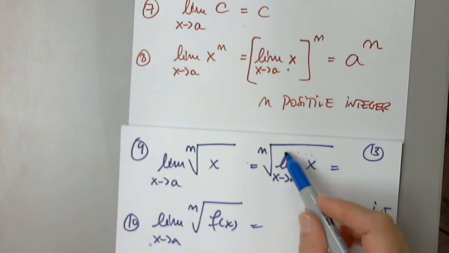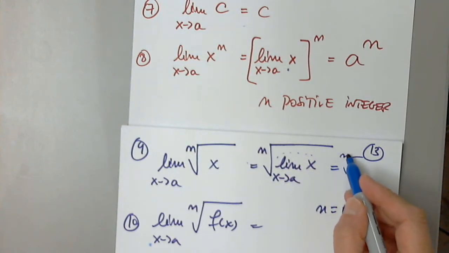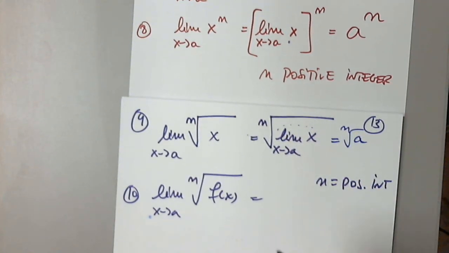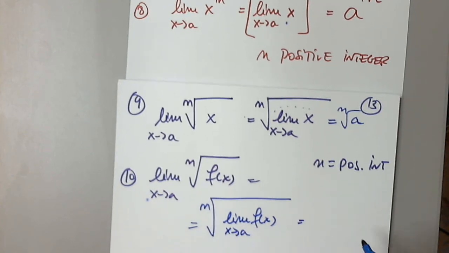The nth root of a. Perfect. And for the function: we're swapping the operators, the nth root of the limit of f of x as x approaches a from either side, and it will be the nth root of L, because the limit of f of x as x approaches a is L.